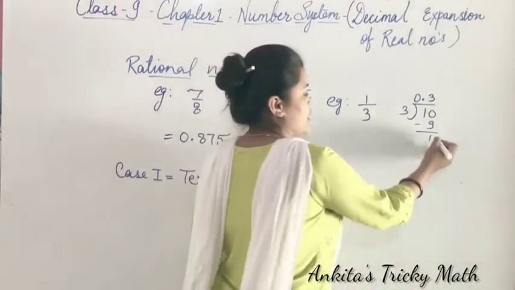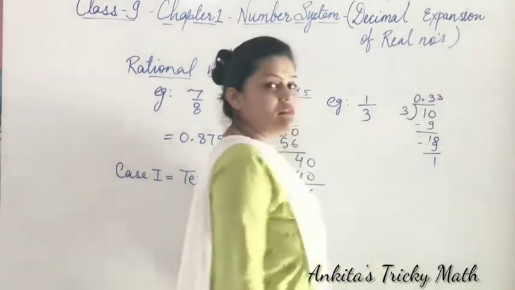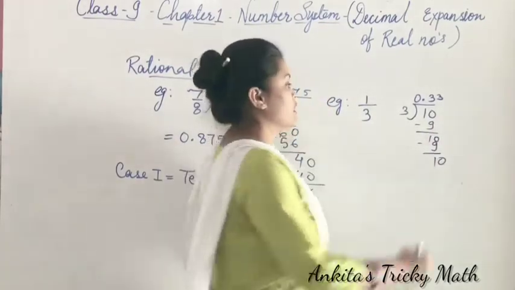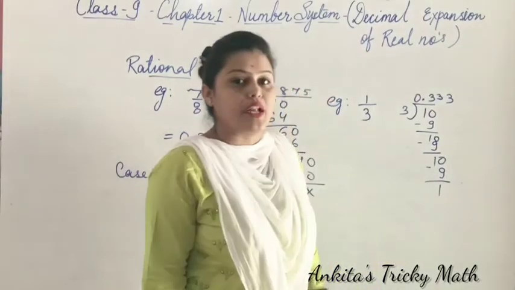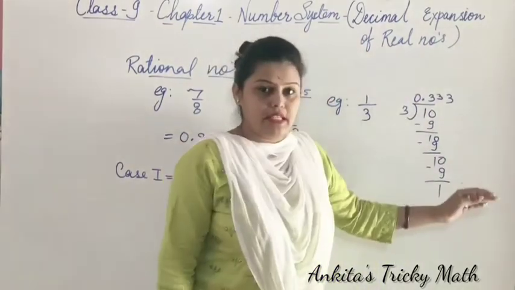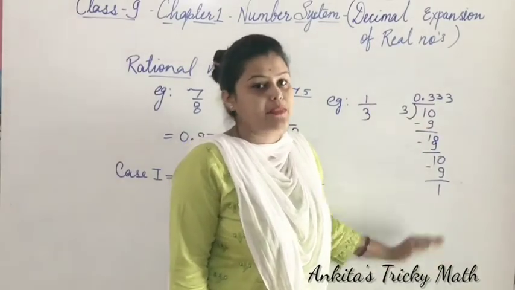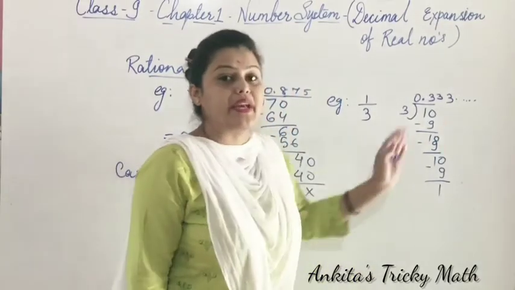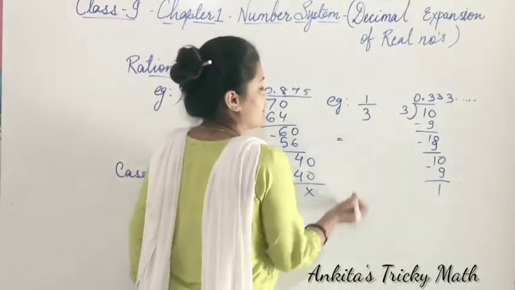Again we put a 0. 3 3s are 9. Again the remainder is 1. We put another 0. 3 3s are 9. Again the remainder is 1. When you solve this, again and again you get the same remainder. That means this 3 will be repeated again and again.